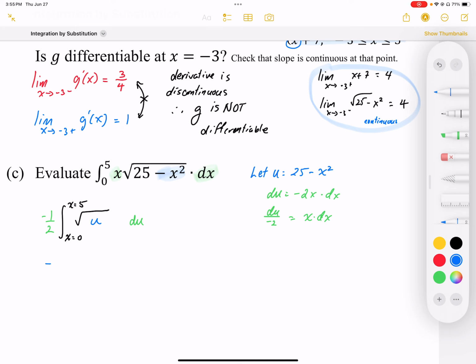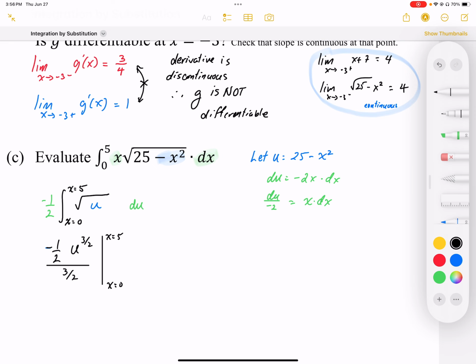So anti-differentiating this, we're going to end up with negative 1/2 u to the power 3 over 2. We're going to increase the power by 1, divide by 3 over 2, and then we're going to evaluate this integral from x equals 0 to x equals 5. Okay, I'm going to simplify this expression.